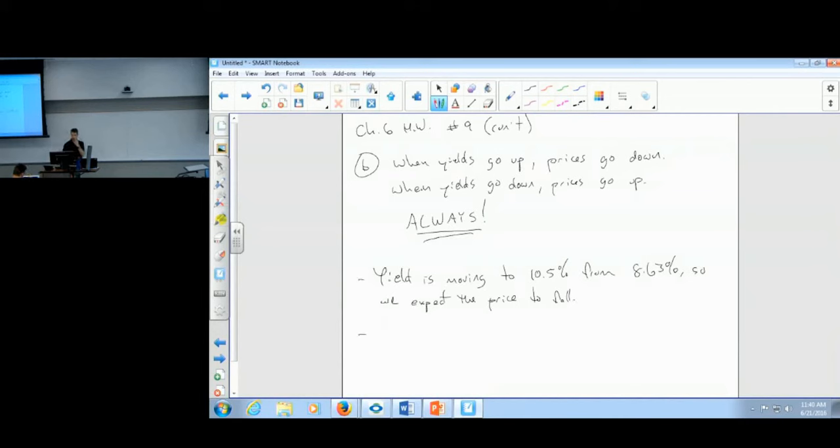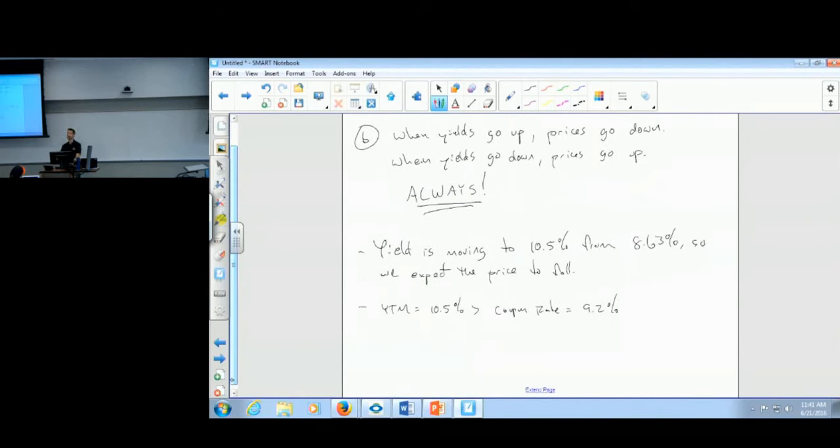All right, so the yield's moving to 10.5% from 8.63. We're expecting the price to fall. In fact, before we even start working the problem, we can say something else. The yield is 10.5%, right? And the coupon rate is equal to 9.2%. Okay, so the yield is greater than the coupon rate.